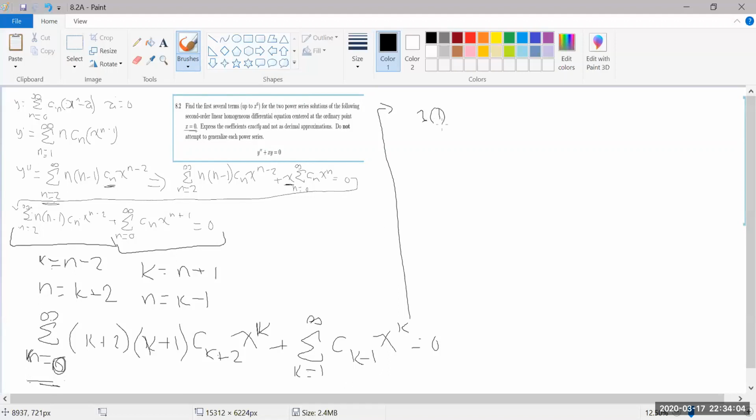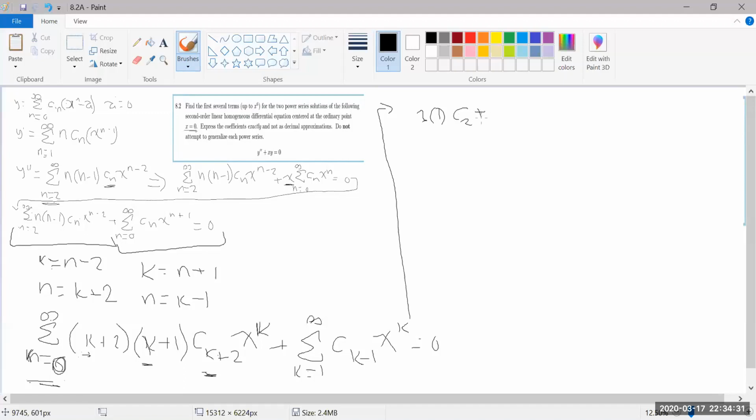The 2 times 1 comes from plugging in 0 for this k and for this k. And then plugging in a 0 here for this k gives you c sub 2. And we all know that when you plug in a 0 for the x to the k, you get 1. So we just know that this is a term that exists in our equation now.